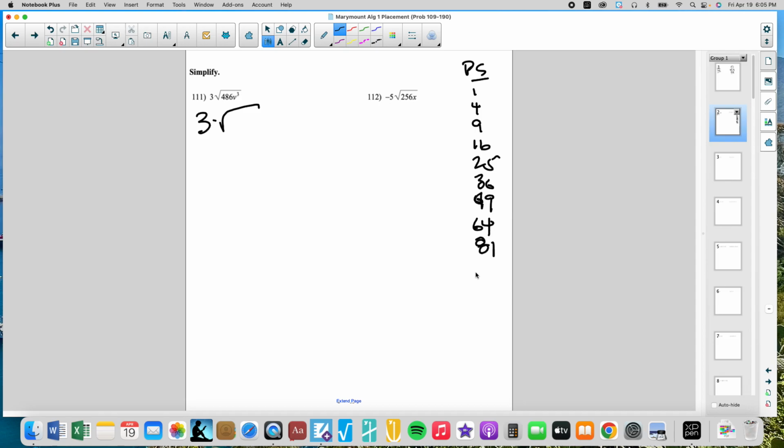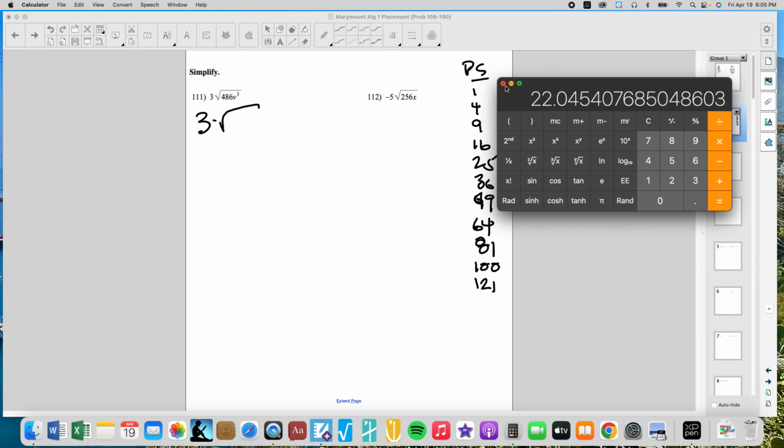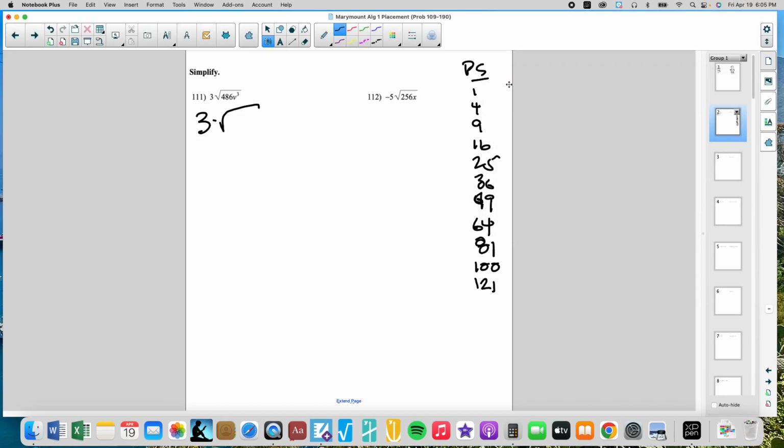These are the list of perfect squares. And 486, I don't think it is a perfect square. Maybe it is. We can do the square root of 486. Nope. So it's not a perfect square, and hence we know it's going to be simplified.